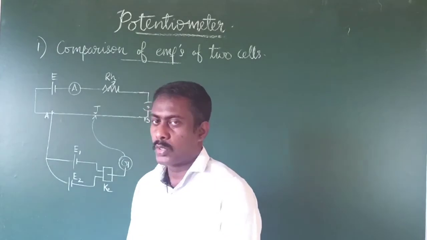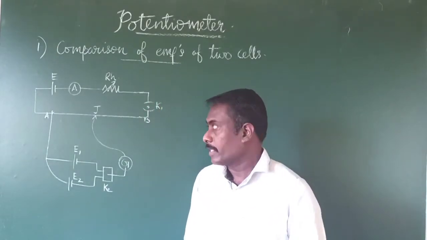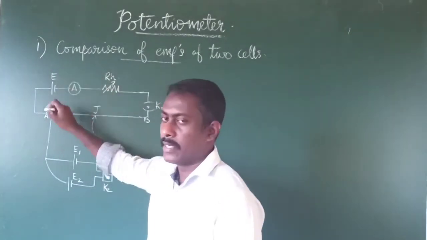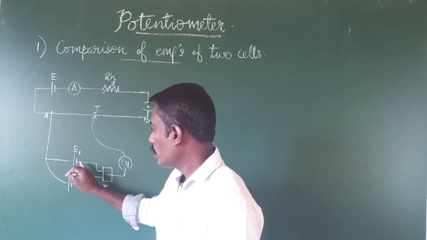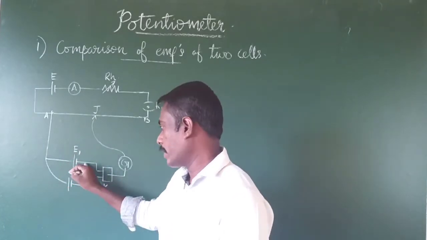One thing we need to remember is that the EMF of the driver cell E has to be higher than the EMFs of these two cells whose EMFs are to be compared.